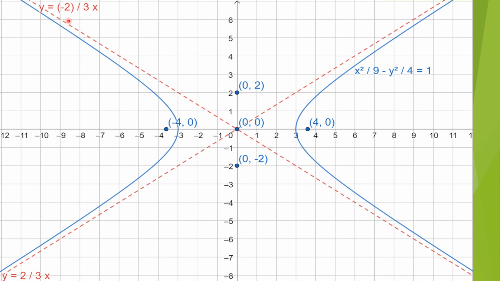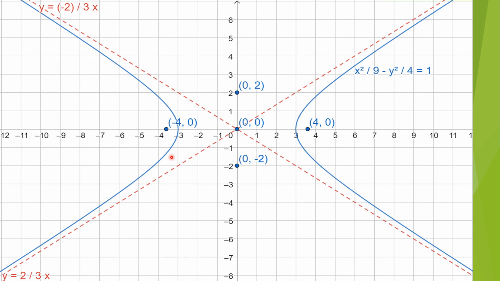By using a graphing calculator, we can now graph our asymptote lines. This is the graph of y equals 2/3 x, and this is the graph of our asymptote line y equals negative 2/3 x. To make it easier, you can also use a table of values to graph it manually.